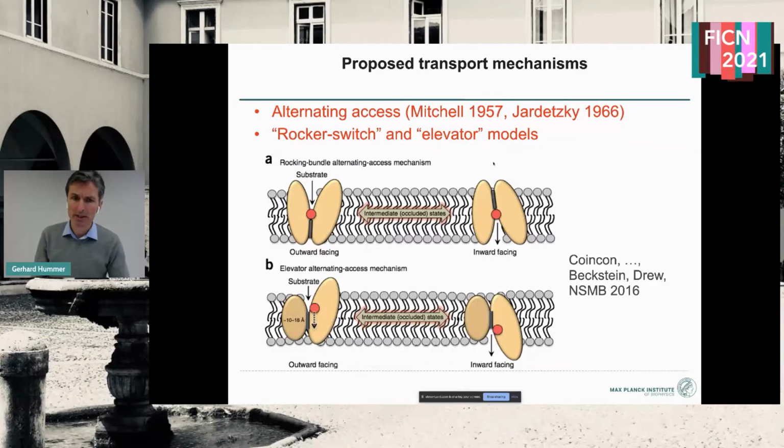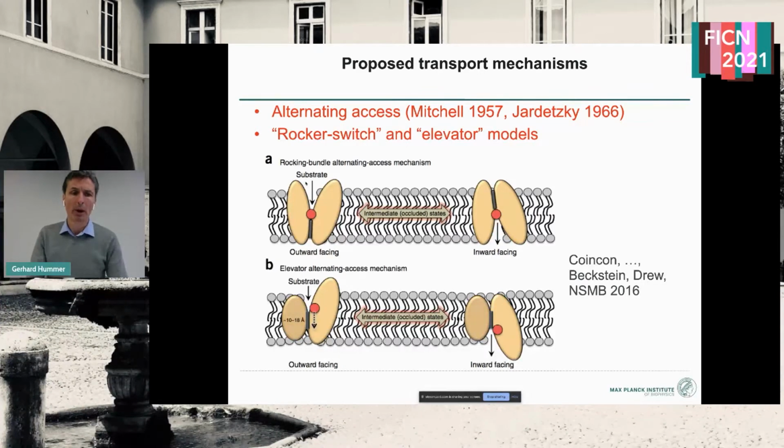So just as a reminder, active transport through membranes is usually associated with the alternating access model, a model that has a long history. And here in this cartoon, taken from a paper by Beckstein and Drew and collaborators, you can see schematically two of the putative alternating access mechanisms.